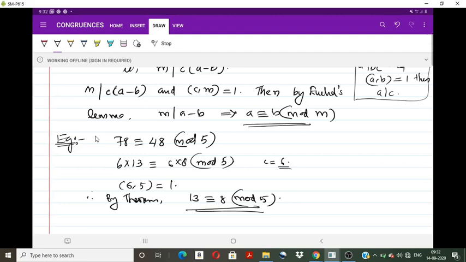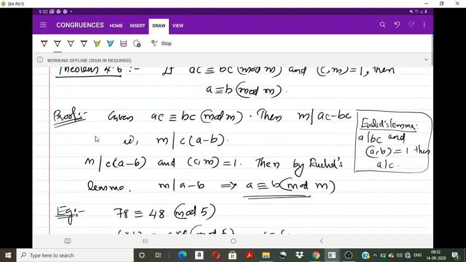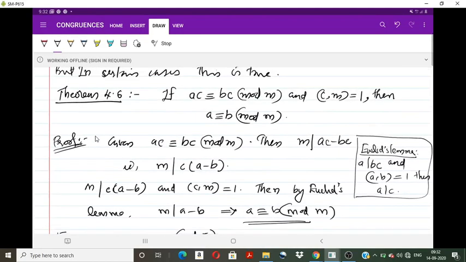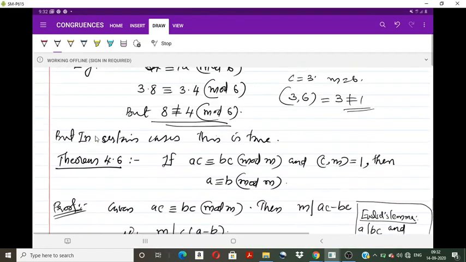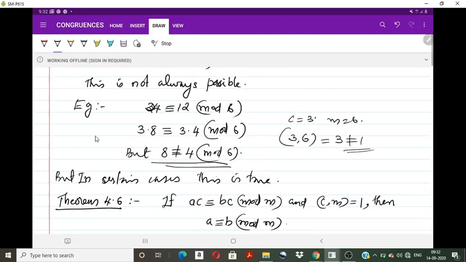Now we try to generalize this relation. We have seen that if AC is congruent to BC modulo M, then A is congruent to B modulo M only if GCD of C comma M equals 1. But suppose the GCD of C comma M is not 1, let it be some number D. In this case, GCD of 3 comma 6 is equal to 3. We have seen that 8 is not congruent to 4 modulo 6.